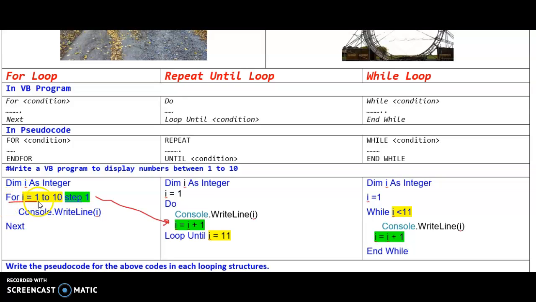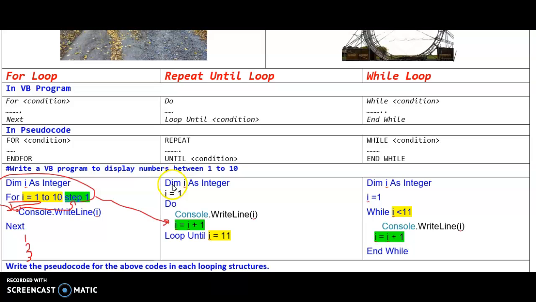After this is finished, we go to this part, Step 1, the value of I is increased again, and after that we come back to this step. Like this it is getting repeated. In the second step the value of I will be 2, so 2 will be printed. In the first, 1 is printed, 2 is printed, then the value of I becomes 3, so 3 will be printed. Like this up to 10 we need to print.